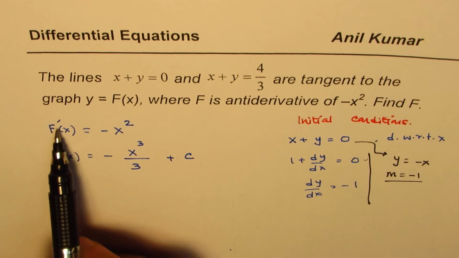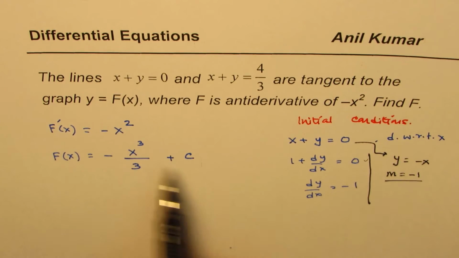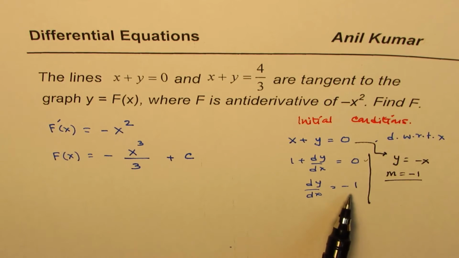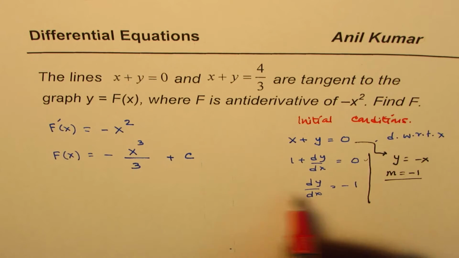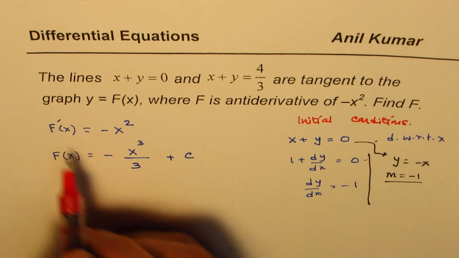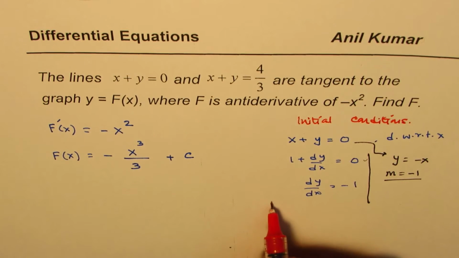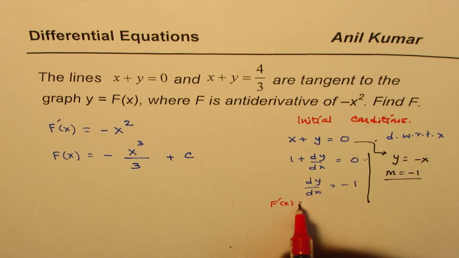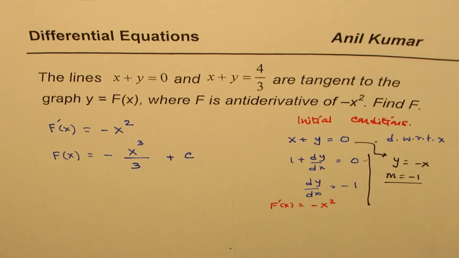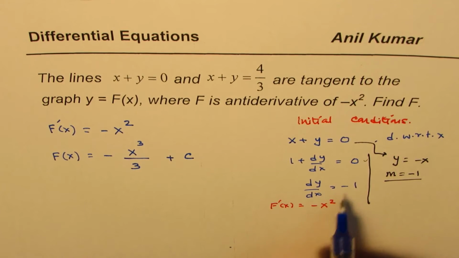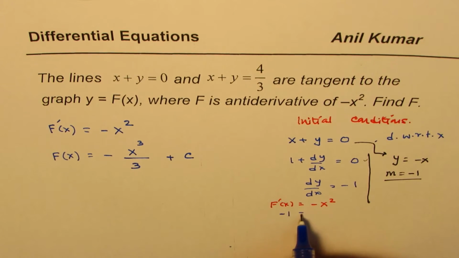So to begin with, we started with minus x squared. So we can equate that to minus 1 and find the value of x. That's the whole idea. So what we will do here is, we will equate this value here. So we are given f prime x equals minus x squared, and what we found is that dy dx is minus 1, so we'll substitute this as minus 1 equals minus x squared.